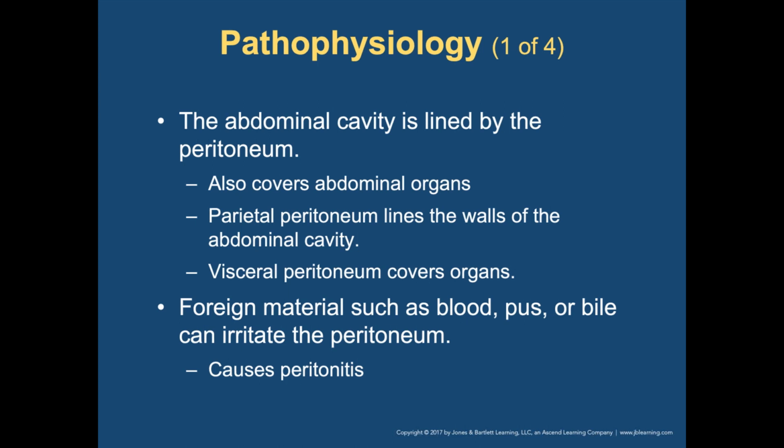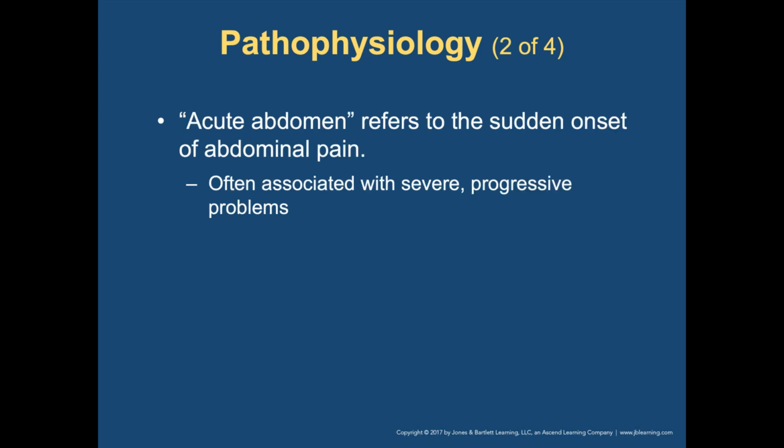Man, they got me on spelling here today. The presence of foreign material, blood, pus, bile, pancreatic juices, and amniotic fluid can all irritate the peritoneum, causing peritonitis. So all those things that don't belong in there, it's kind of like a sensory muscle. It lets you know what's going on in there, and then it starts creating an infection.